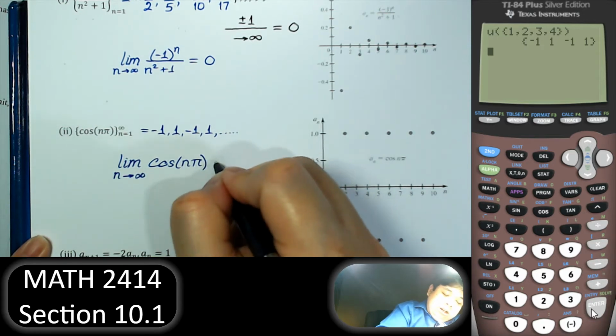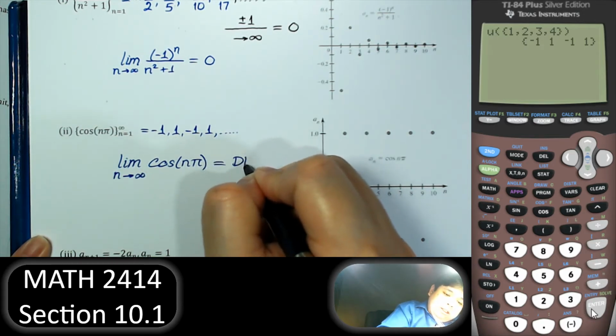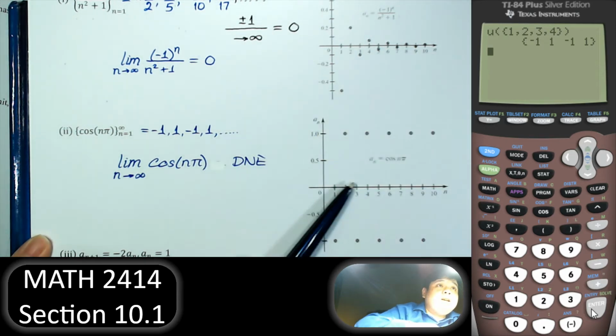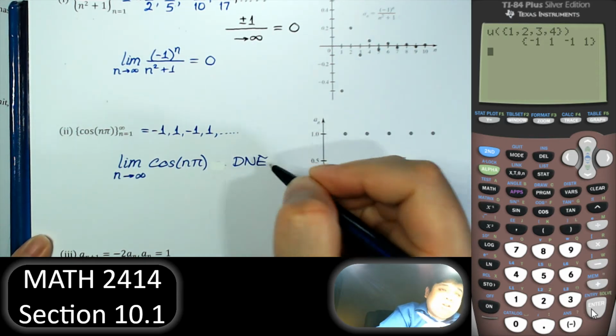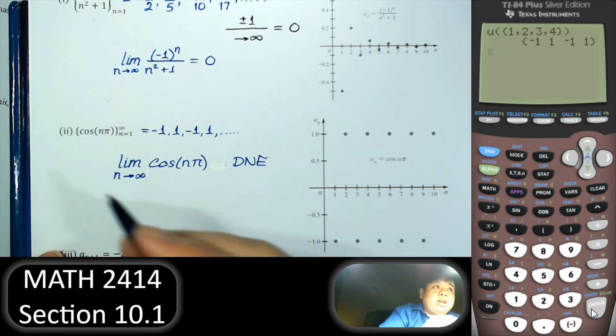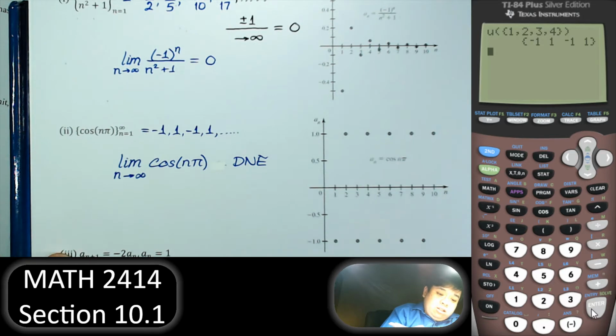It's not equal to anything, it just does not exist. And if the limit does not exist, we say the sequence diverges.